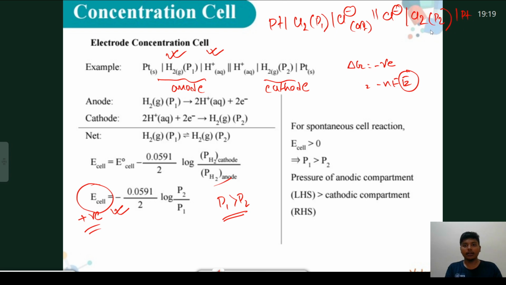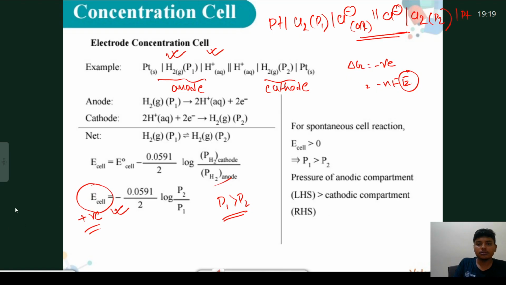When chlorine is there, everything will change actually. Left side will be anode. You wrote reduction here, which one? This one, Cl2. You need to understand this thing.